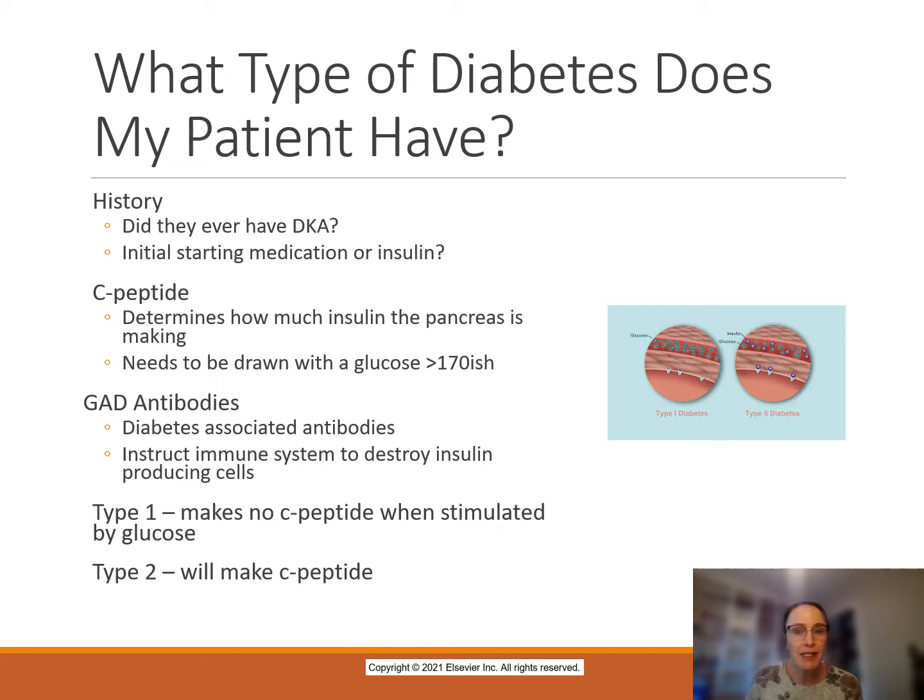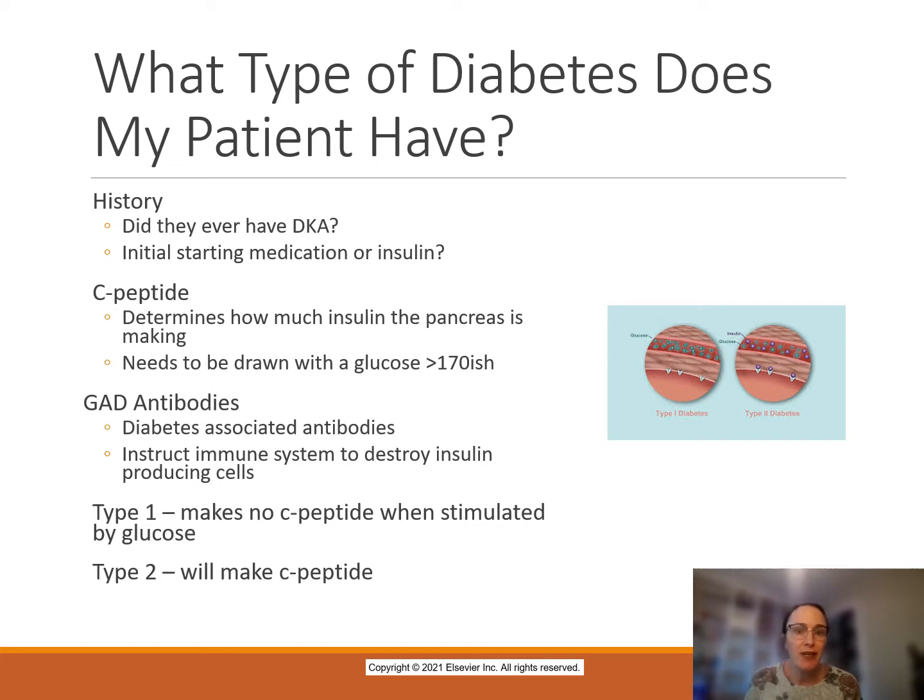GAD antibodies are another antibody that I will often draw. Basically, they're diabetes-associated antibodies, and when these are present, they instruct the immune system to destroy the insulin-producing cells. Now, if GAD is positive, it doesn't for sure say you have type 1 diabetes. The C-peptide, again, will tell you if the pancreas is making insulin.